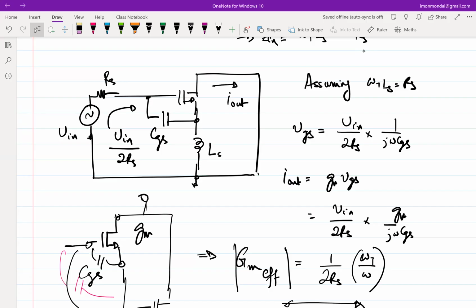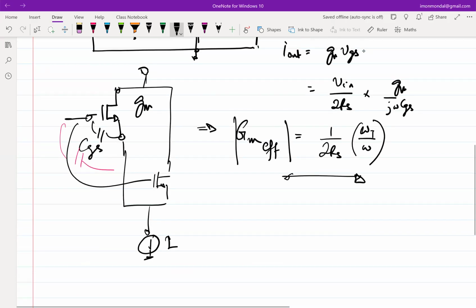Fine. So essentially, you have to do everything that you can to ensure you are biasing your transistor for maximum omega T. Okay. So now that is done. If I have biased my transistor for maximum omega T, and for matching I require omega T times Ls to be equal to Rs, then the value of Ls is fixed. This constant gives me Ls. Correct?